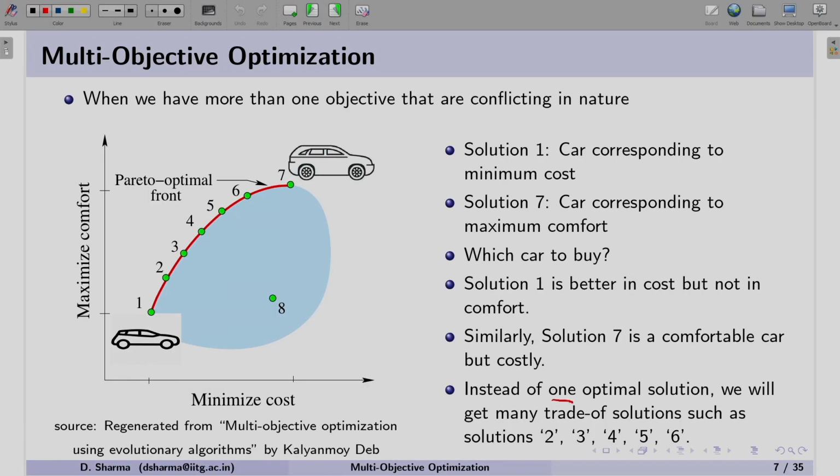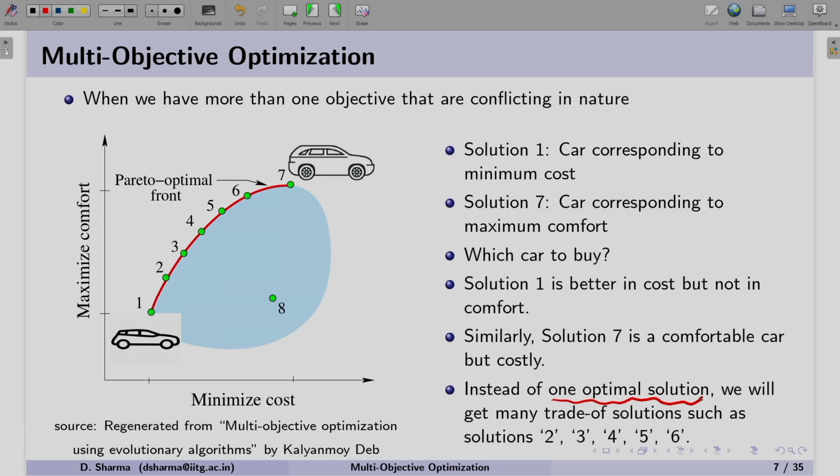So what we can understand from this scenario is that when we have a multi-objective optimization problem, we can have multiple solutions that can be optimal. Till now we have understood single objective optimization, and when we solve that problem, we always get one solution.